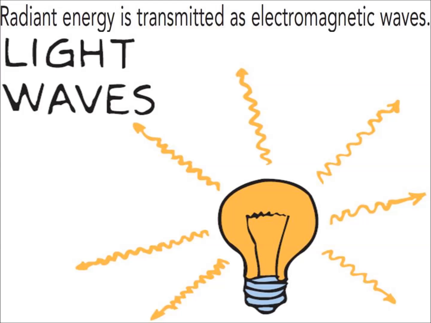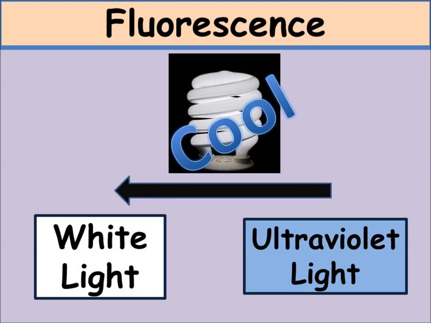Now, the concept of fluorescence: in a fluorescent bulb it's a conversion. Fluorescence is a conversion from a short wave to a long wave, essentially. And fluorescent light is going from ultraviolet light to white light. That's fluorescent.